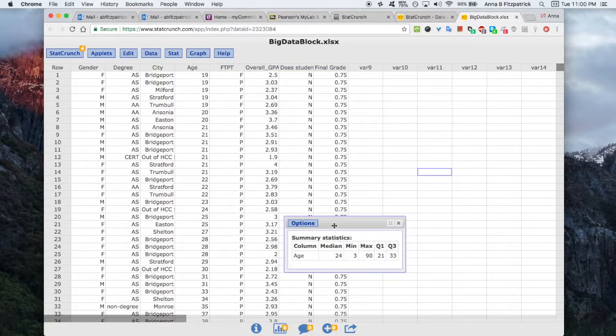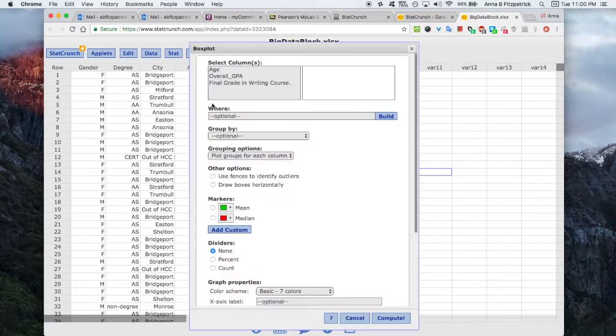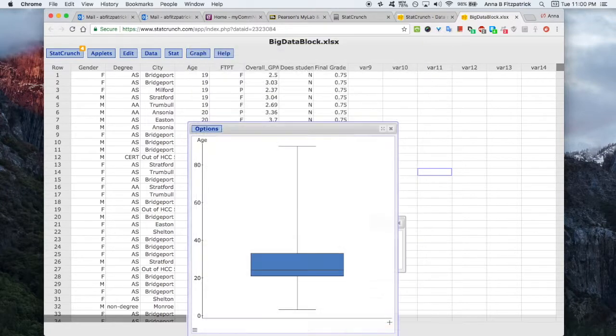And here we have a nice 5-number summary, and the way this gets plotted out is on a box plot, and this shows us those 5 numbers, the maximum, the minimum, the median, first quartile, and the third.